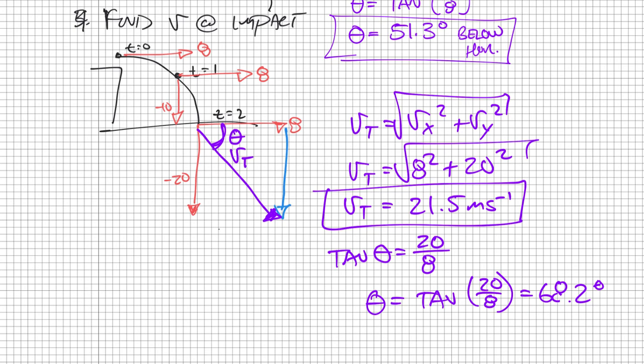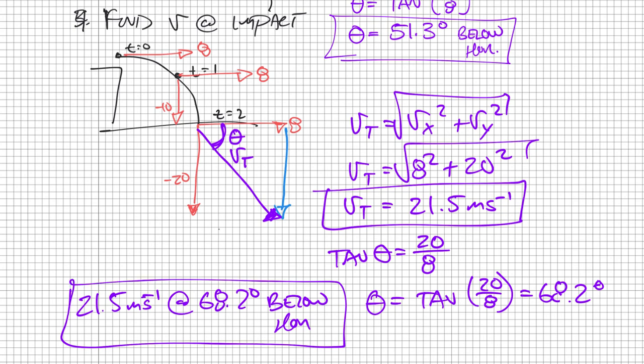So the actual answer for this would be 21.5 meters per second at 68.2 degrees below the horizontal. And that's how I would find the velocity, both magnitude and direction, when it is hitting.